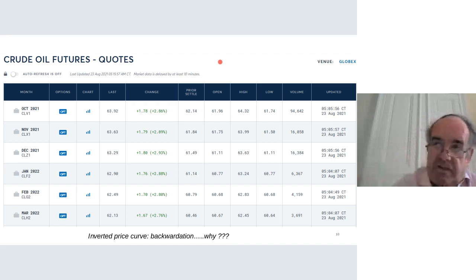So it's strange that the curve is decreasing, but it has a good explanation. Not today, but after. So today we know that normally curves are increasing because forward price equals spot plus cost of carry, and cost of carry is interest rate plus storage cost. But we know now that sometimes the futures price is decreasing.